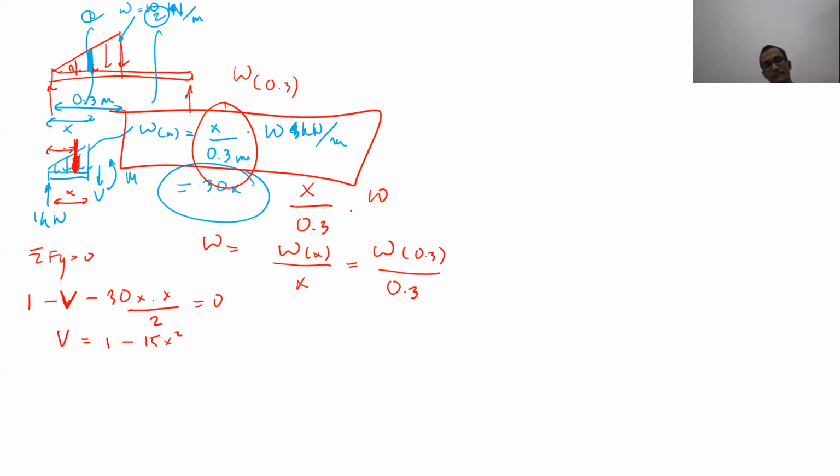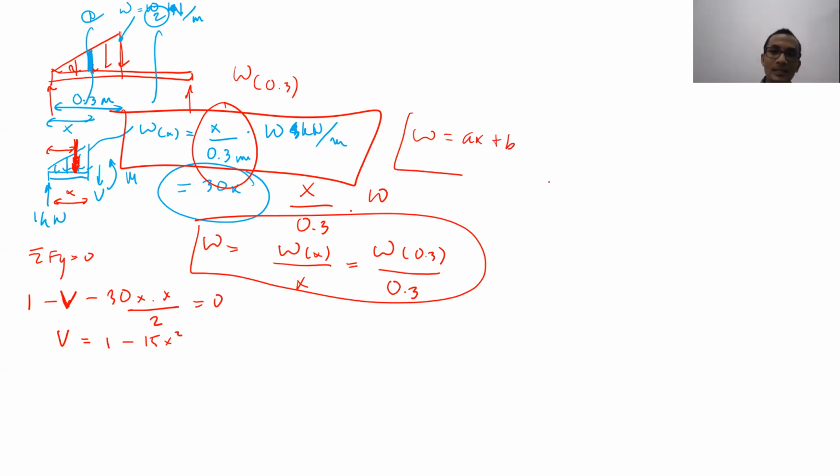Sir, I have a question. When do we use W equals AX plus B? You can use it as well. It's the same way as before. If we use W equal to AX plus B, this one is more general, so you can use it.